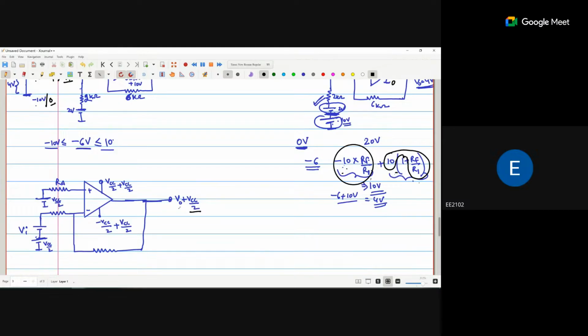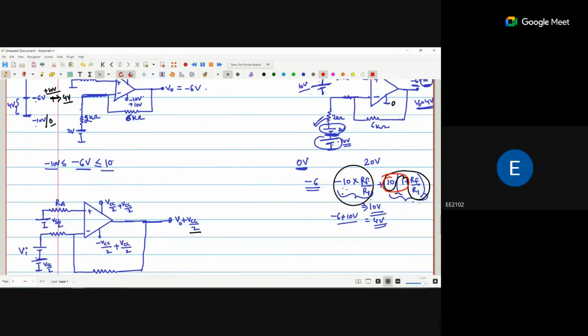The remaining is only this factor, minus 10. So this we are getting in the output. We required only 10 volts. So we apply the same voltage on the positive and negative terminal, and we get the same voltage at the output. Clear?